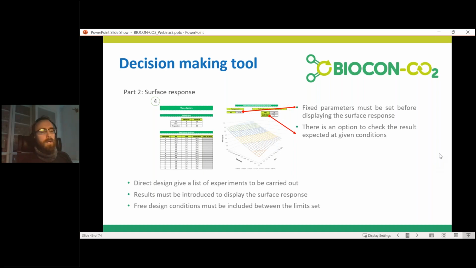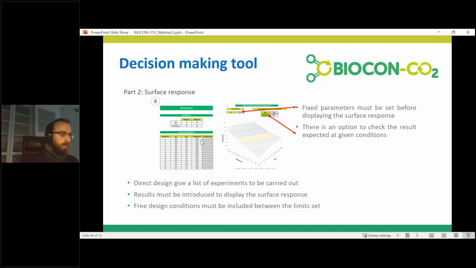So, RSM being explained, after we have introduced our set of conditions into the software, it will suggest some conditions for our experiments, as you can see here. We will perform these experiments and we will give the software the outcomes we get out of those experiments. And with those outcomes, we can go on to print this surface.